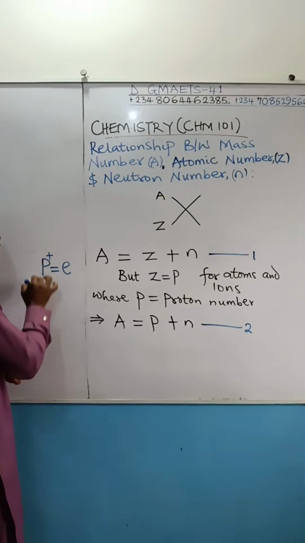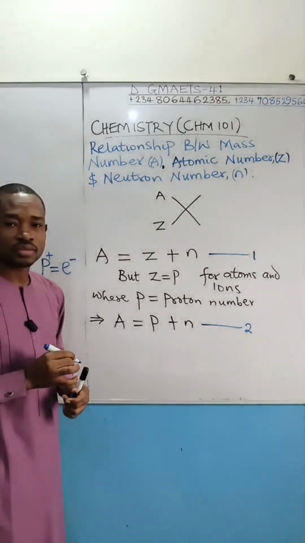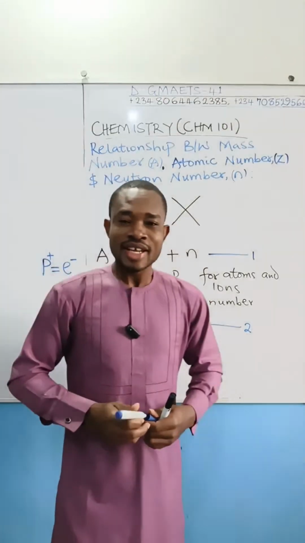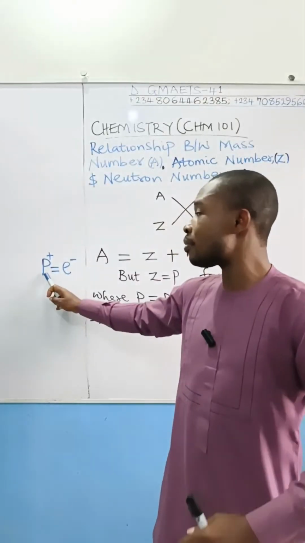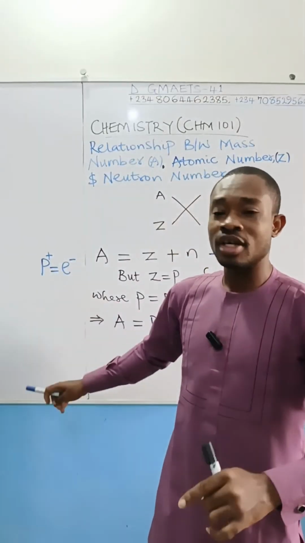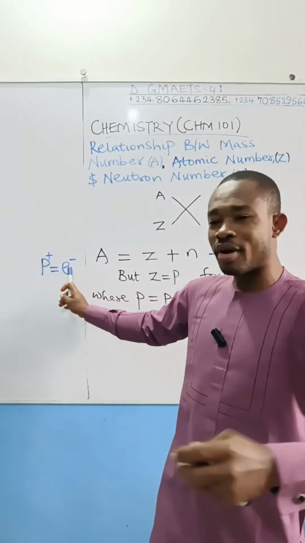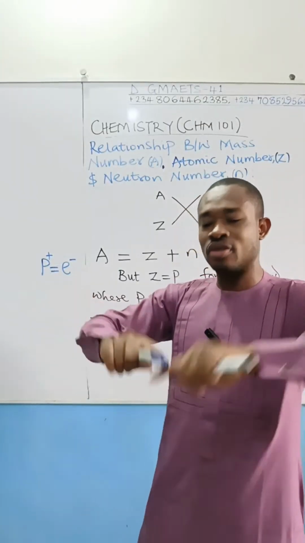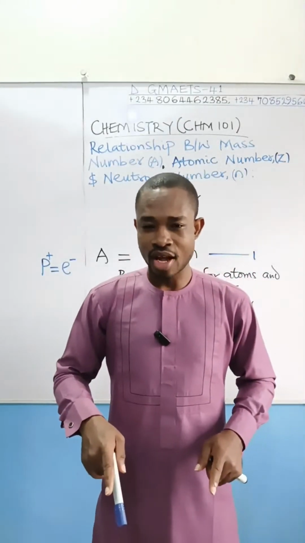Remember, protons are positively charged, electrons are negatively charged. If I have an atom, the atom is said to be electrically neutral because the proton number is equal to the electron number. The number of positive charges in the nucleus is equal to the number of electrons on the shells, on the surrounding. Am I communicating?